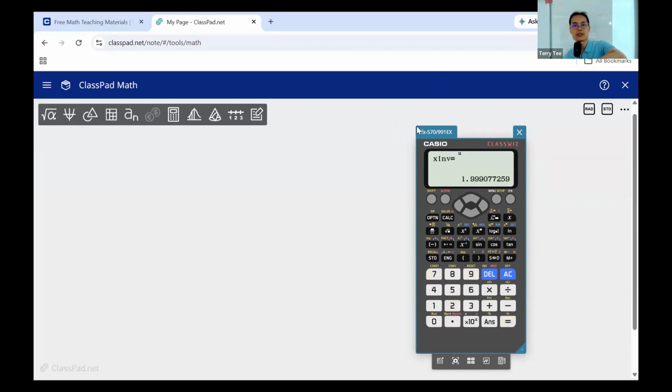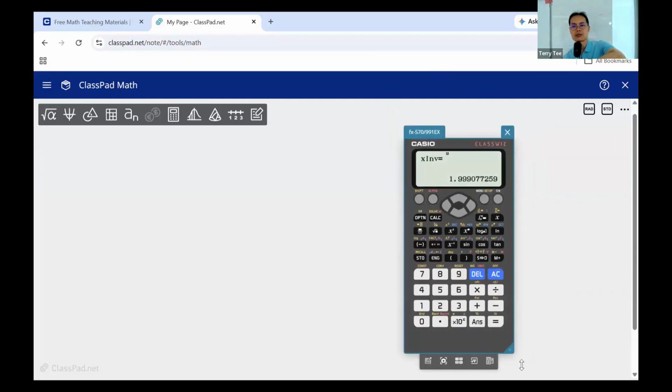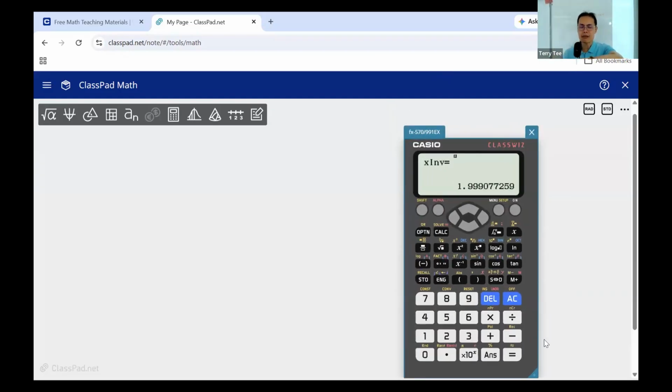Yeah, you get 2 straight away. The calculator actually reads from the lower tail. But if you want to use 0.0228, also can. It will give you a negative value. You press equals, negative 1.99, basically negative 2, right?